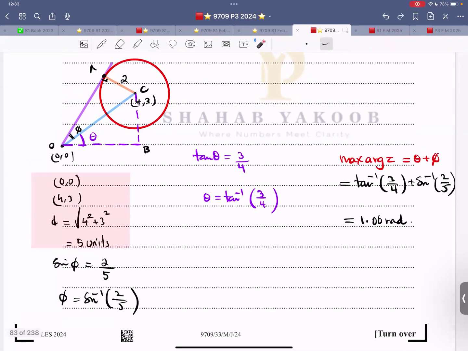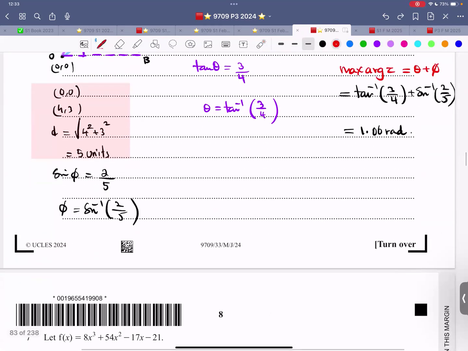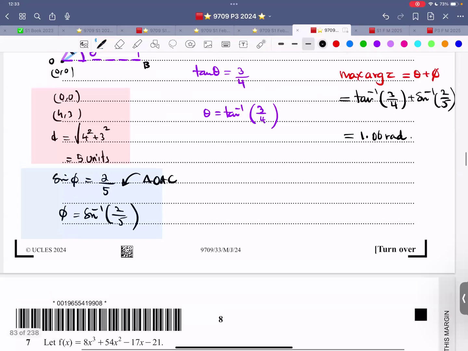Now I'm focusing on this triangle. That is OCB. This is 2 and this is 5 and I'm finding 5. So OAC. So this is triangle OAC. And you find this angle.